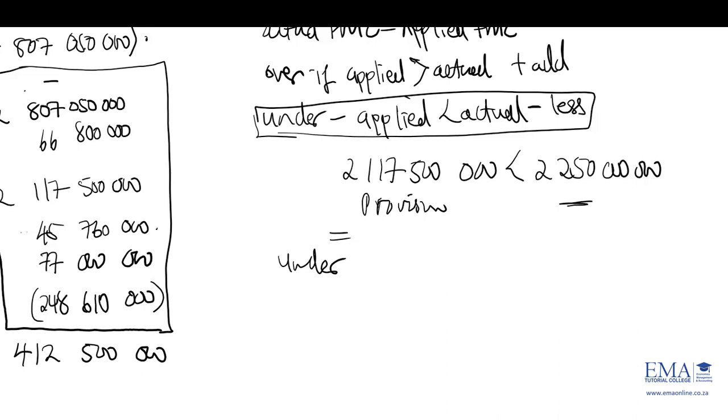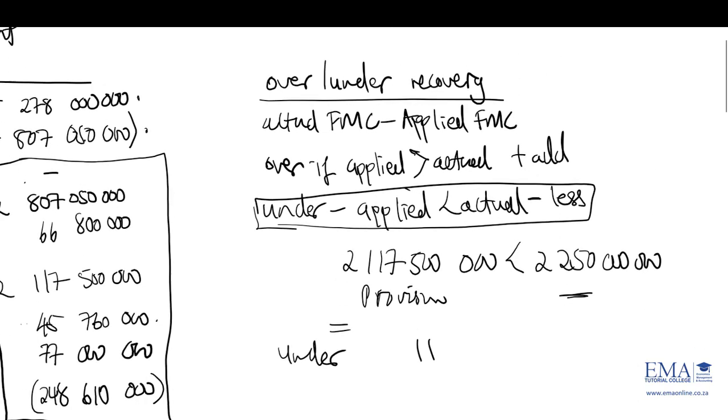So in this case, our under applied was going to be how much? If you subtract this, less that, right? We're going to get 132,500,000.